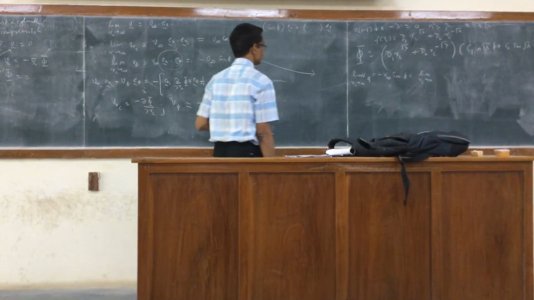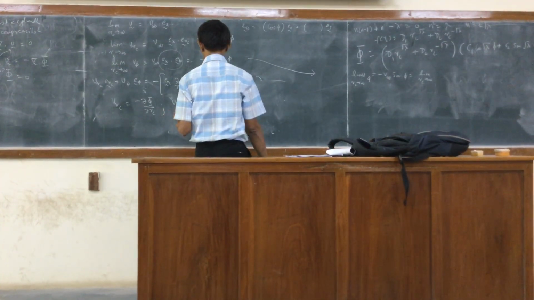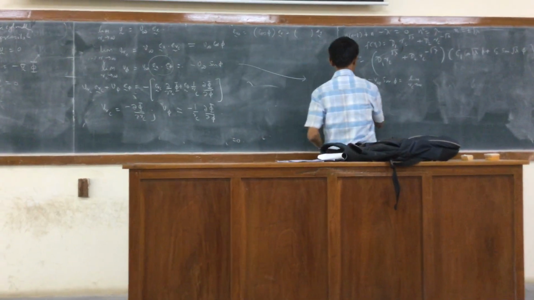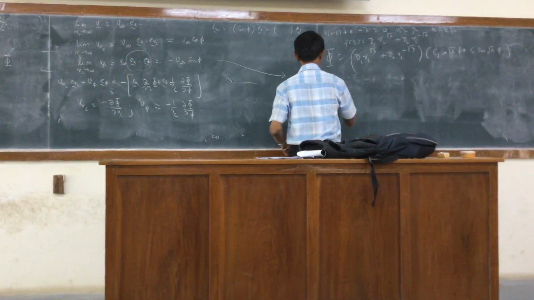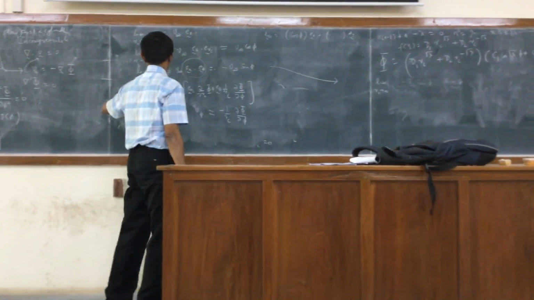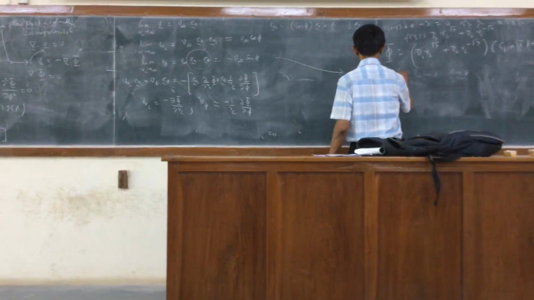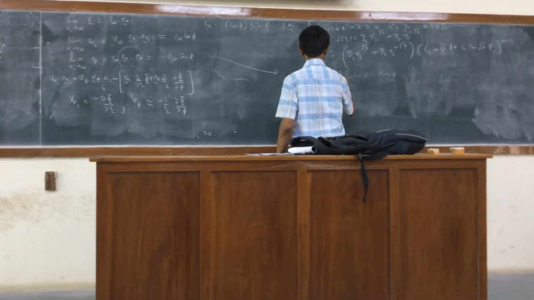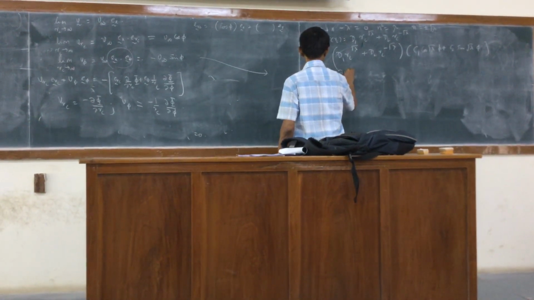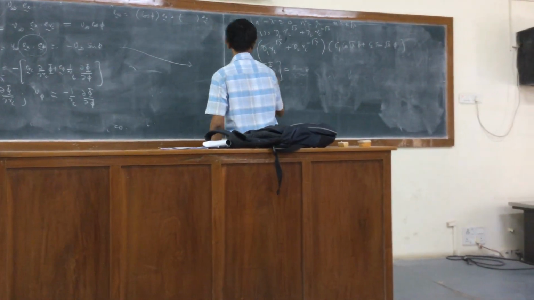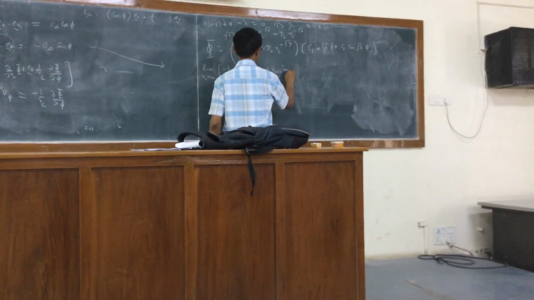So actually limit RC equal to infinity of B phi is minus 1 over RC times the derivative of the potential with respect to phi, which is equal to minus B infinity sin phi.